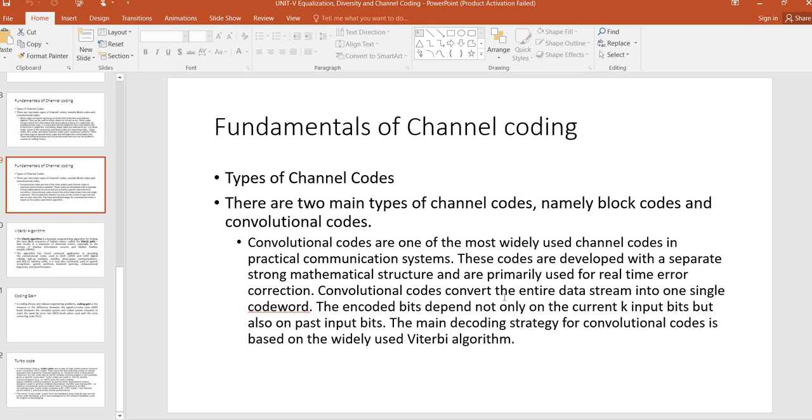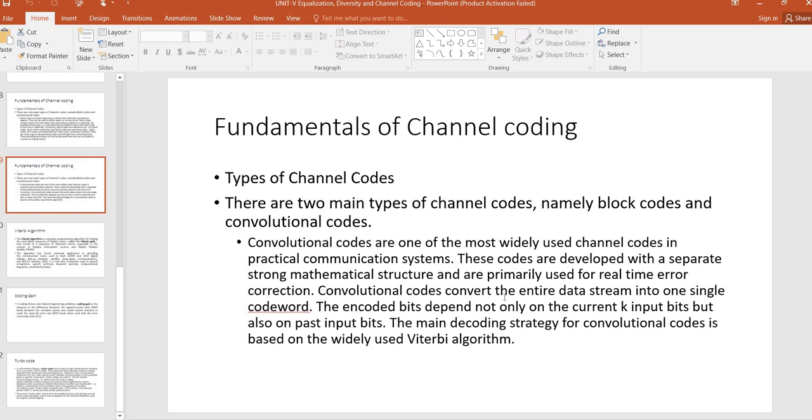This is called the code word. Okay, the encoded bit depends not only on the current k input bits, which is the redundant bit, but also on the input bits.